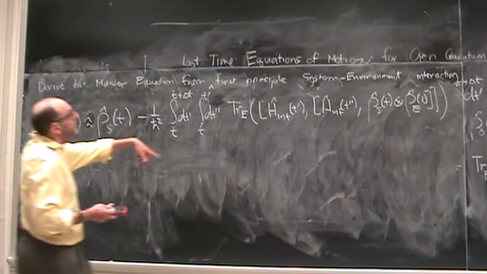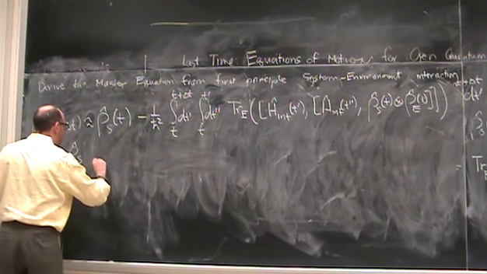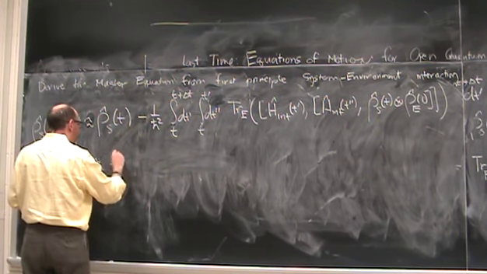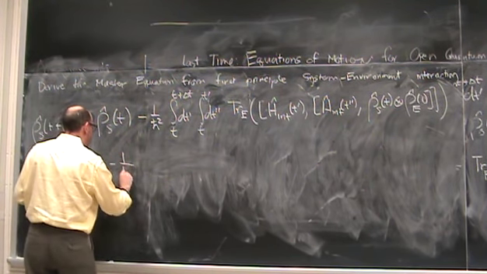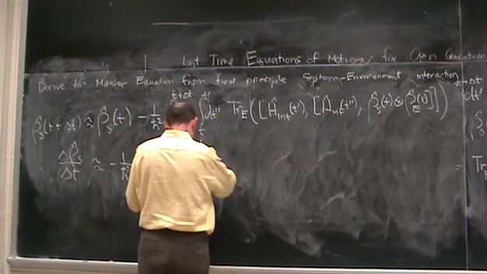Okay, but I do want to write down one final equation. Now what I'm going to do is subtract this from this. So delta rho divided by delta t is approximately equal to minus the integral from t to t plus delta t, dt prime, integral from t to t prime, dt double prime.